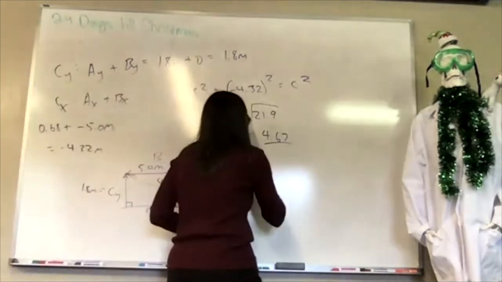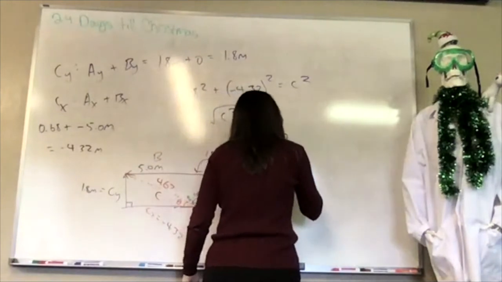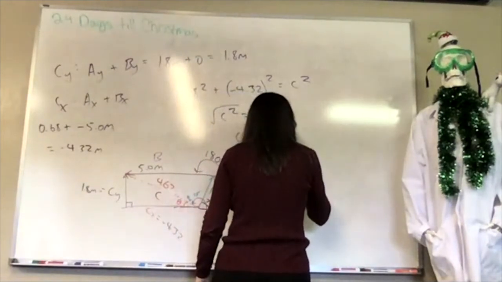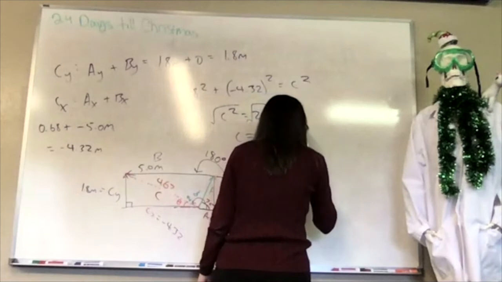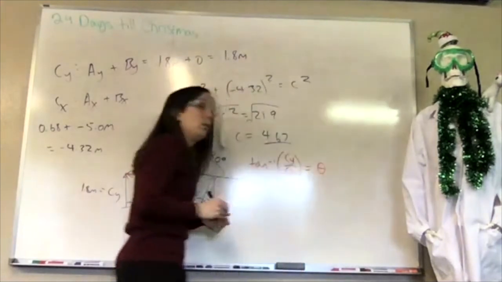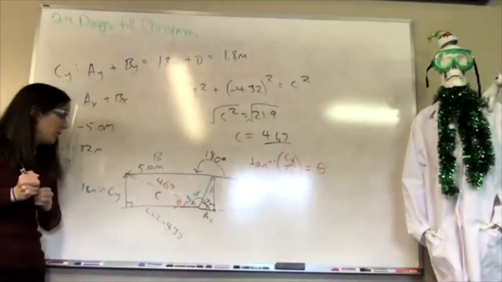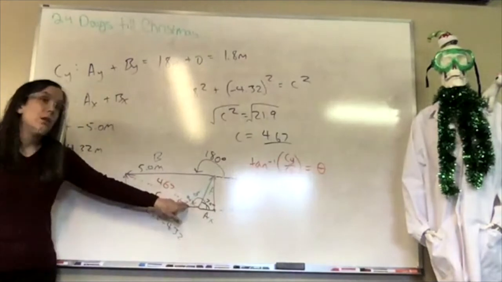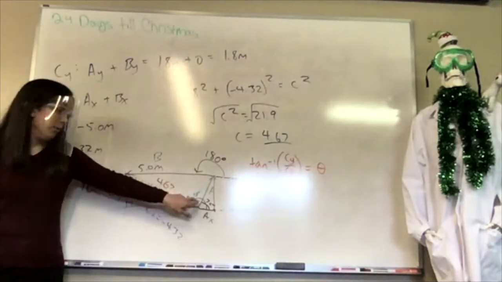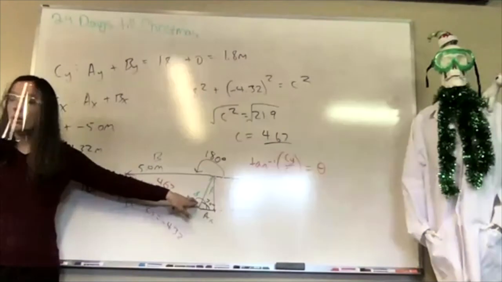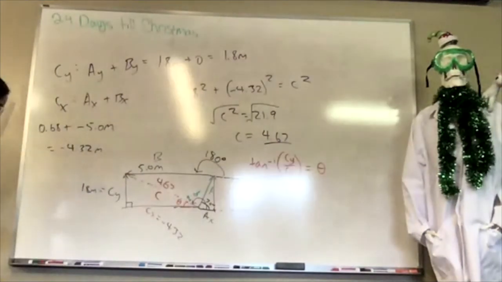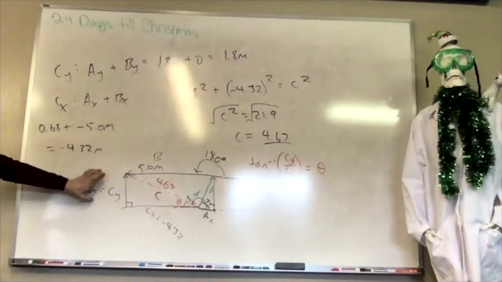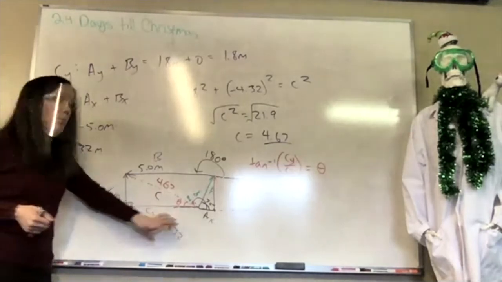And once we know this angle, we subtract it from 180 to get the angle we really want, which would be that part right there. So what do we get? y is 1.8, x is 4.32.